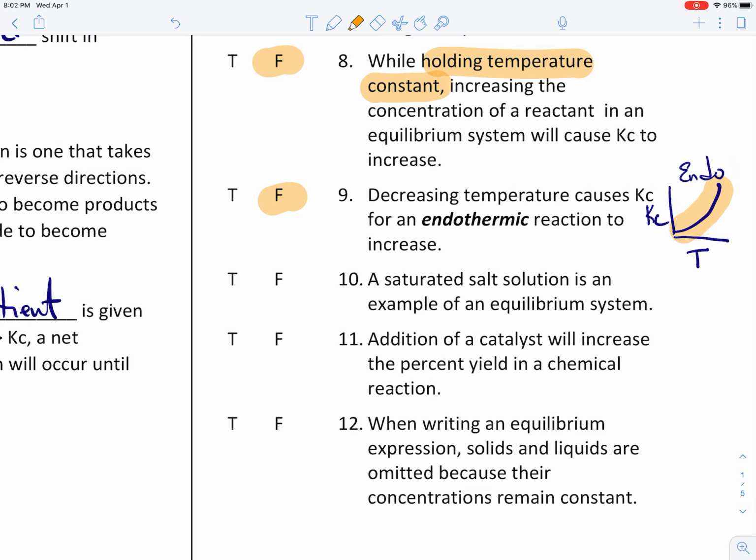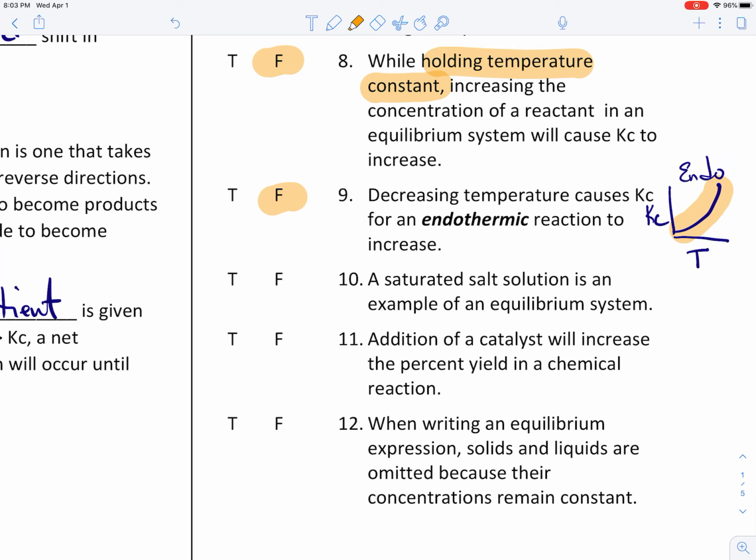Question 10, saturated salt solution would be an example of an equilibrium. Well, earlier we used the example of a closed bottle of water with evaporating and condensing. Here we have a saturated solution where you have salt, which is constantly dissolving or dissociating. At the same time, you have the ions which have already dissolved or dissociated precipitating back to the solid salt.